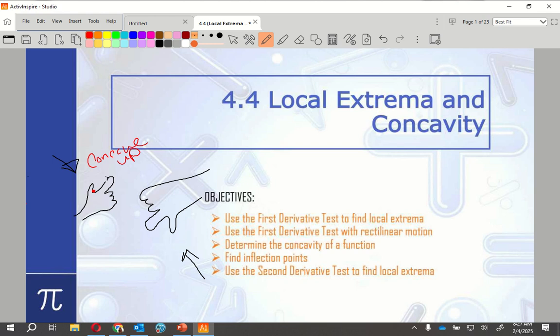Yeah. So that would be a point where my derivative is equal to 0. Okay, so now my special hand over here.